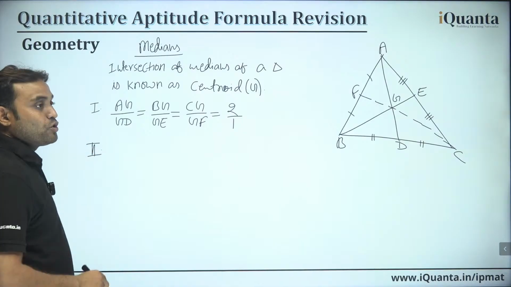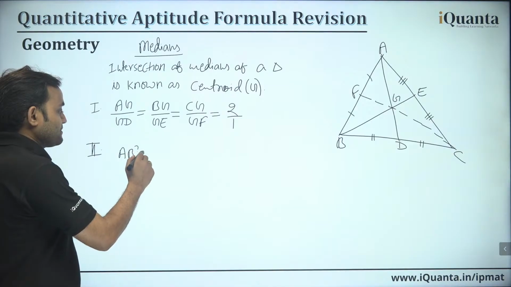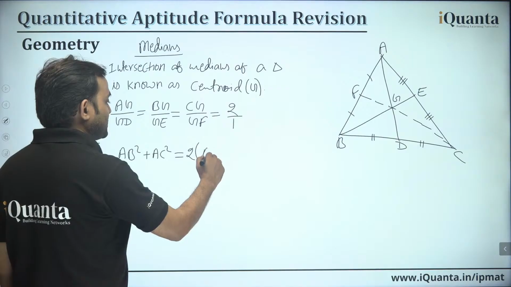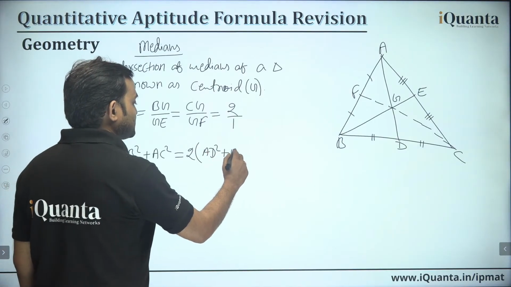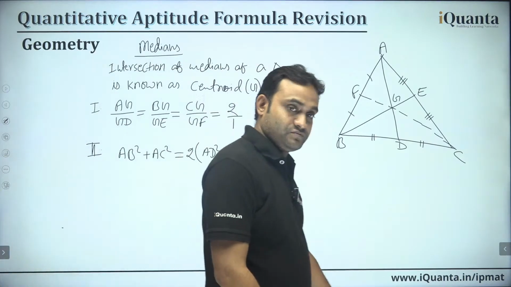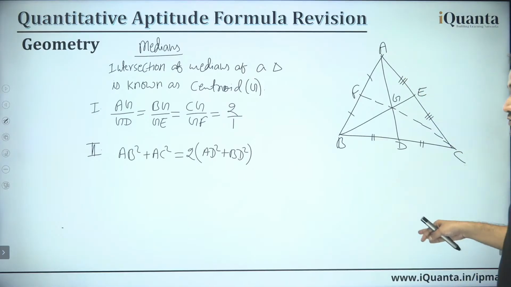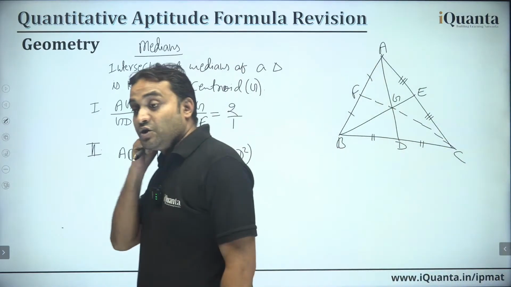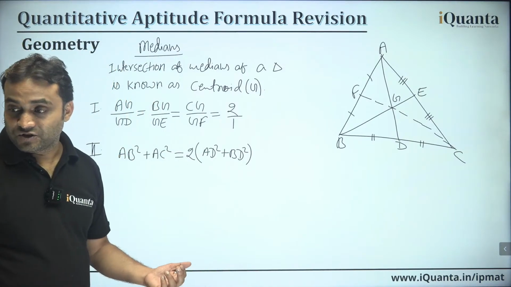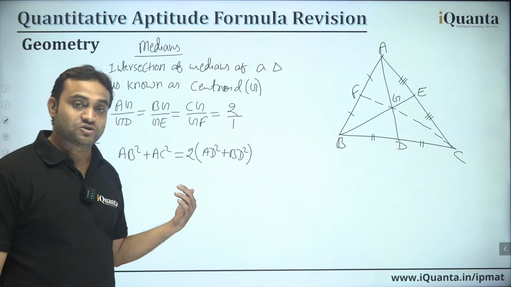Then comes the Apollonius theorem. What is the Apollonius theorem? That AB square plus AC square is equal to 2 times AD square plus BD square. This is known as the Apollonius theorem. In case you need to find the median, if all of the three sides are given, you can find the length of the median using this formula, the Apollonius theorem.